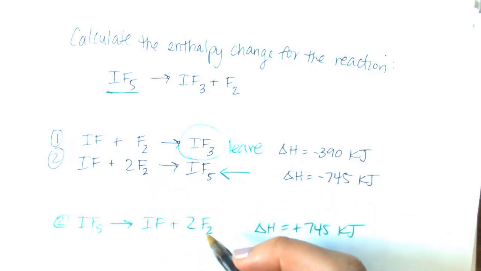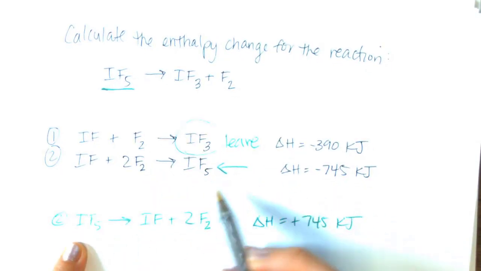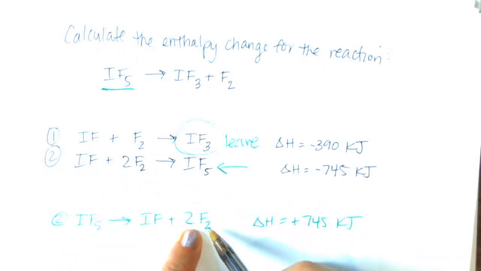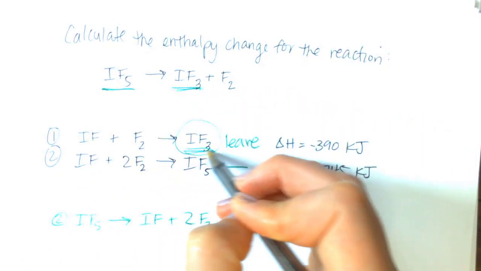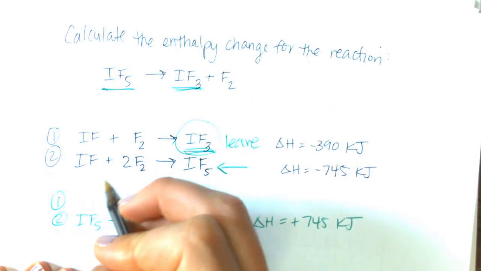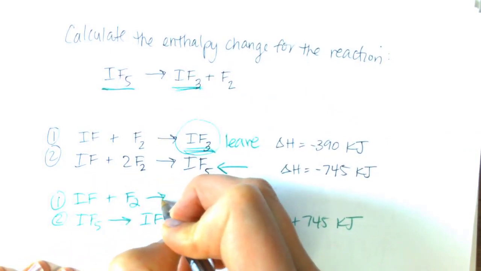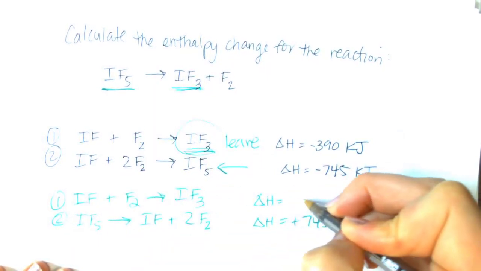But so I flipped this bottom one. So I have IF5 yields IF plus 2 F2s. I like that my IF3 is on the right side of this arrow and it's on the right side of this arrow. So let's try leaving number 1 alone. IF plus F2 yields IF3. My delta H stays the same, negative 390 kilojoules.